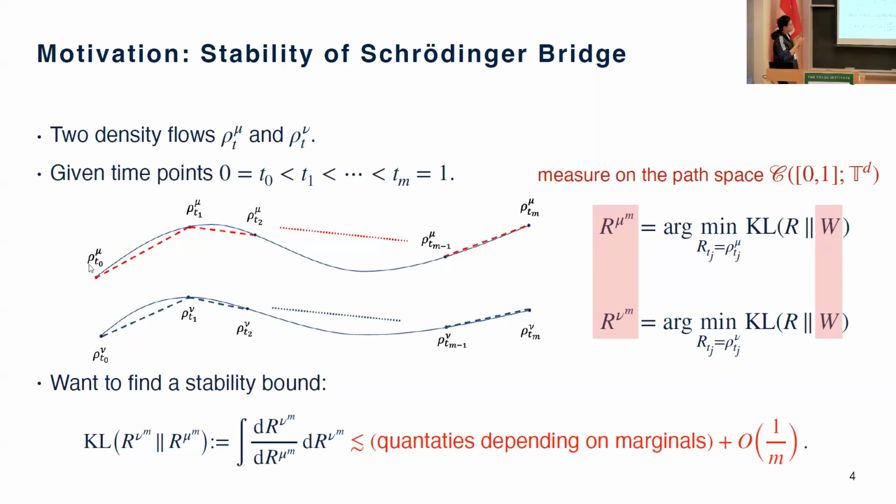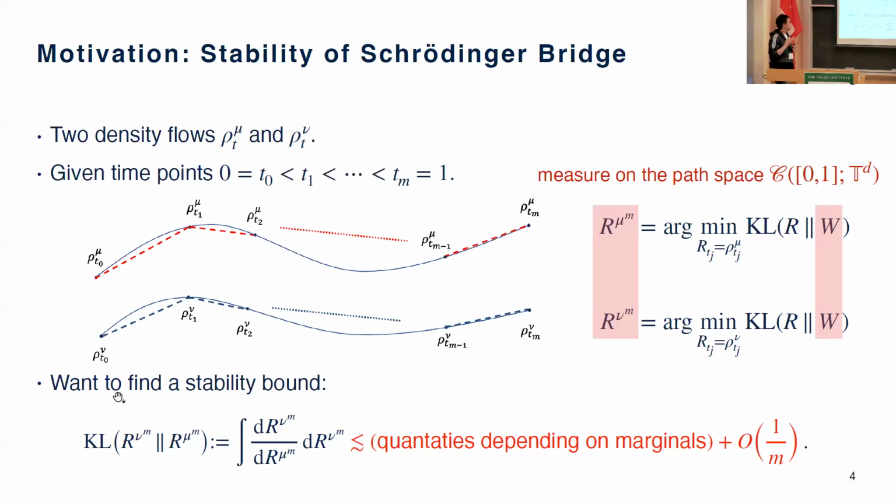Assume there is some noise perturbation on these observed marginals from rho mu to rho nu. We are interested in how this perturbation on the marginal distributions propagates to the Schrodinger potentials and to the Schrodinger bridges.